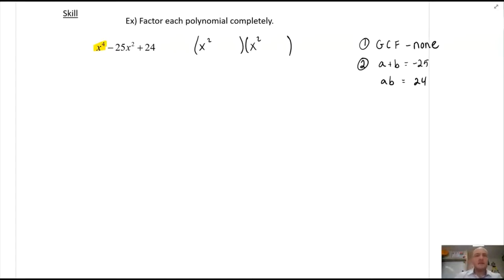So I want to factor this into x squared plus a and x squared plus b. If I FOIL this out, x squared times x squared is x to the fourth. Then x squared times positive b is a positive b x squared. Then a times x squared would be a positive a x squared.